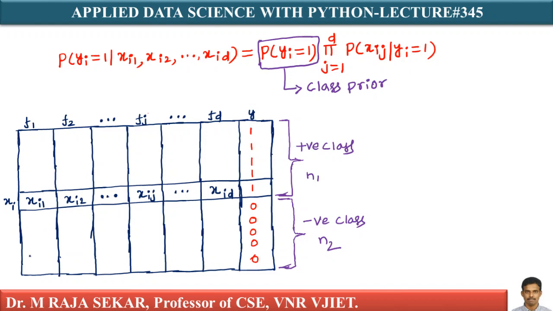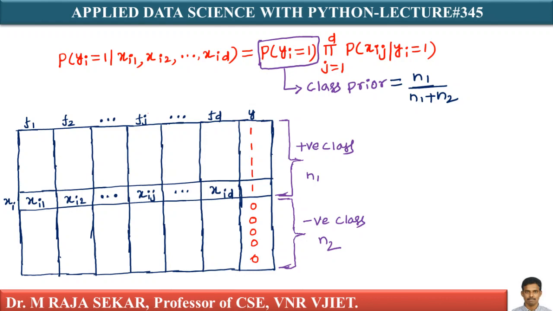What is my class prior? Class prior is trivial. It's n1 by n1 plus n2. Even though your features are real values, it's trivial to compute.